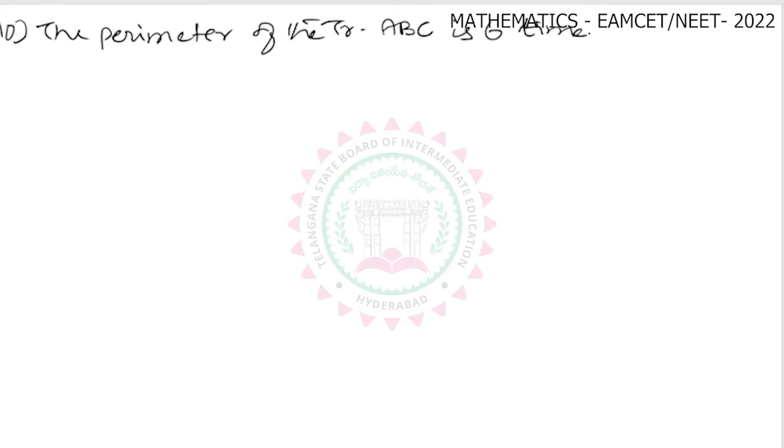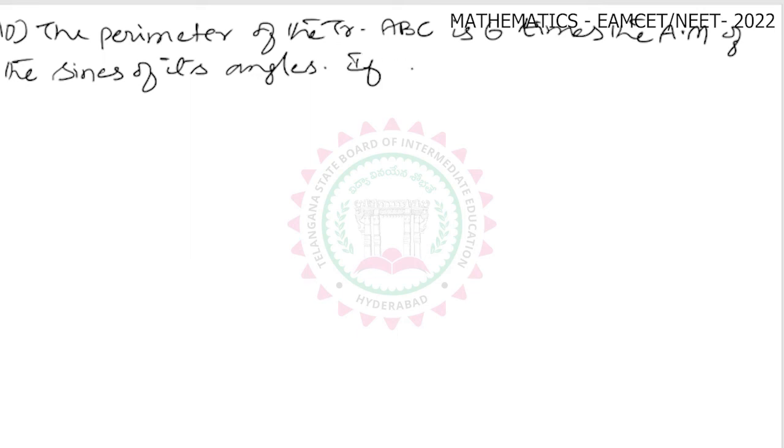The perimeter of the triangle ABC is 6 times the arithmetic mean of the sines of its angles.